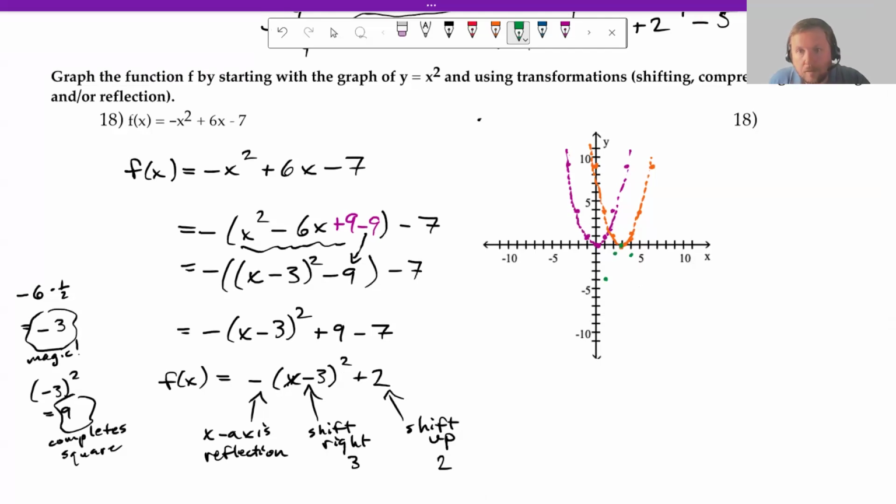Oops. And finally, I'm going to shift everything up by 2, and that's going to be my last transformation.